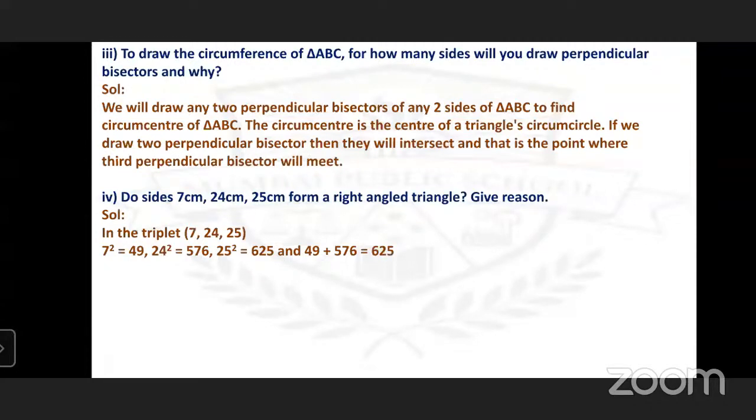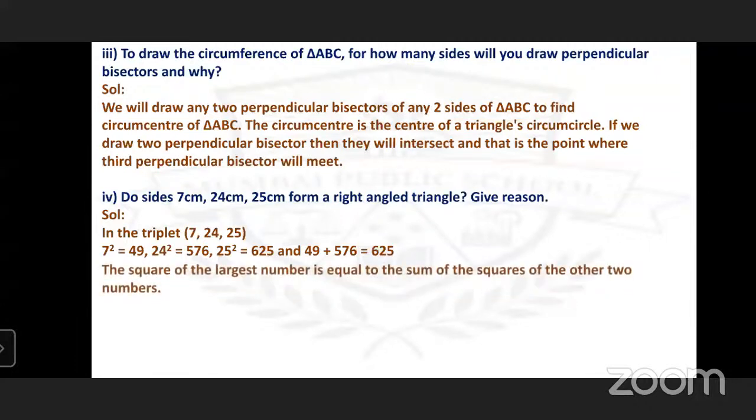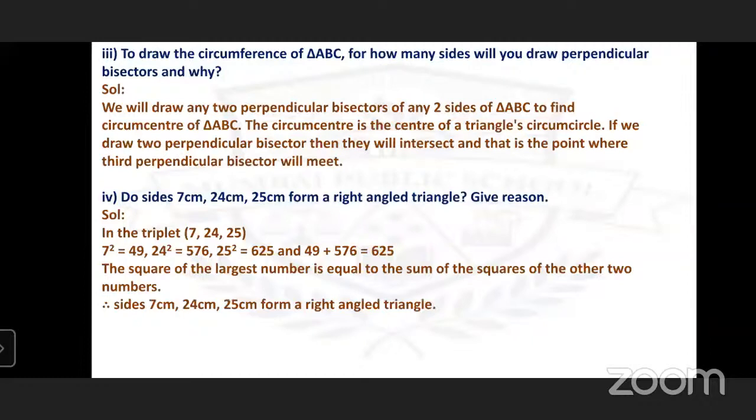Then the rule of a triplet is that the square of the largest side is equal to the sum of the squares of the remaining 2 sides. So see here, the largest side is 25 and its square is 625, and then we check the sum of the squares of the remaining 2 sides, that is 49 plus 576. So we get 625. So here the condition is satisfied, that is, the square of the largest side is equal to the sum of the squares of the other two sides. Therefore, these three sides, 7 centimeter, 24 centimeter, 25 centimeter, form a right angle triangle.